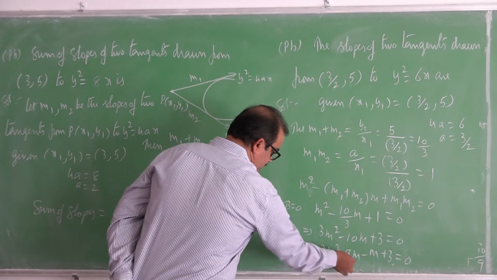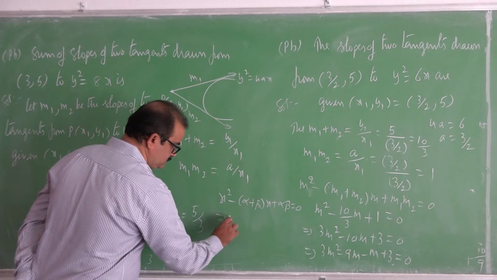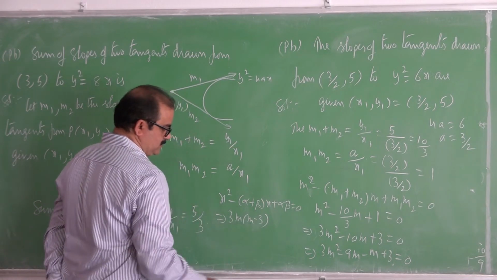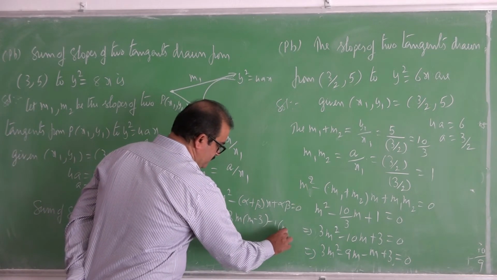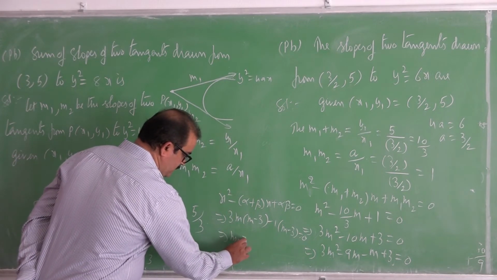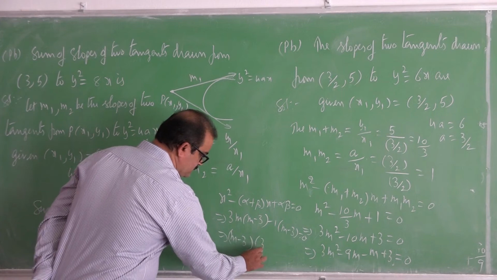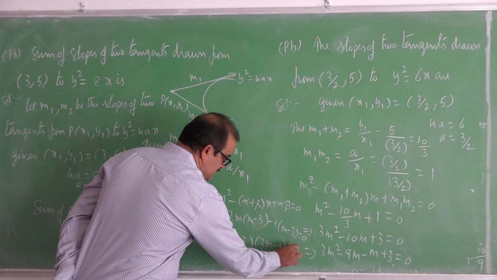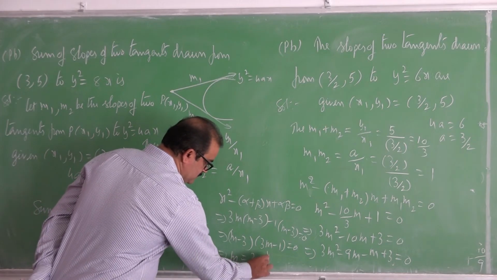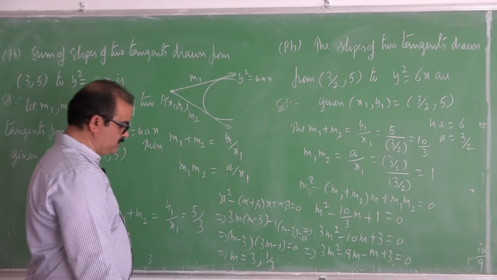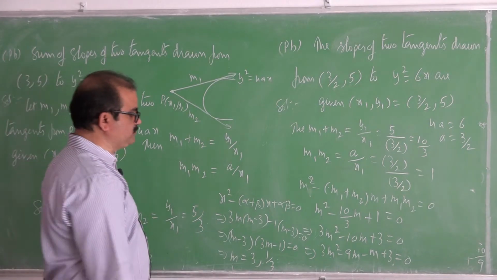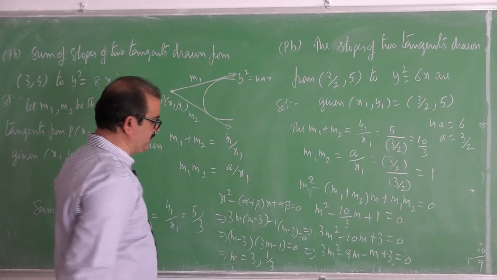Take 3m common from the first two terms: 3m into (m minus 3) minus 1 into (m minus 3) is equal to 0. (m minus 3) into (3m minus 1) is equal to 0. So m is equal to 3 and m is equal to 1 by 3. So the slopes are 3 and 1 by 3.